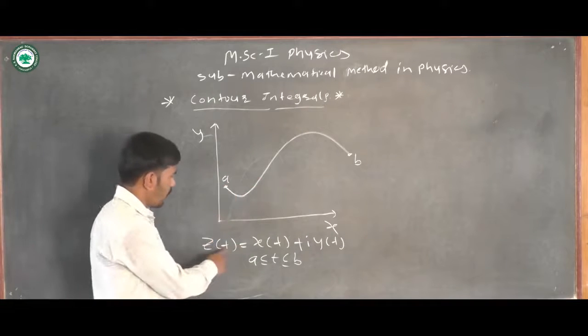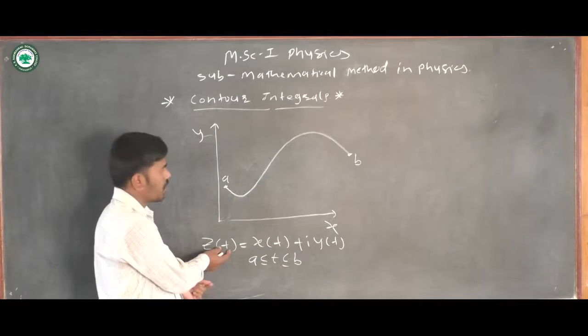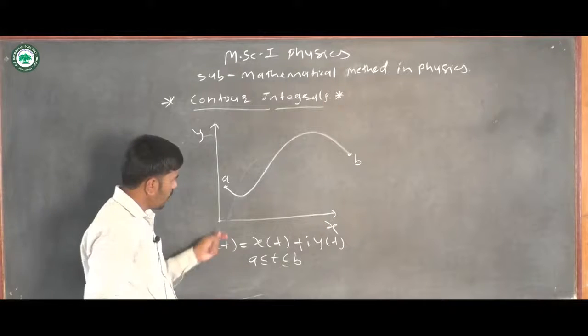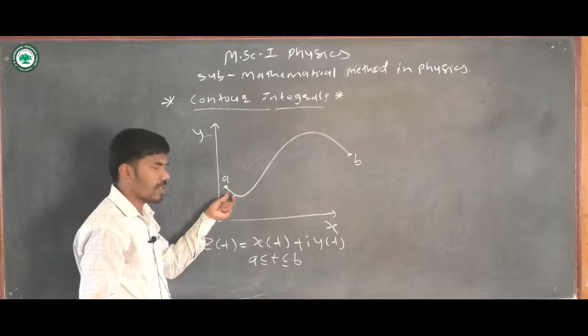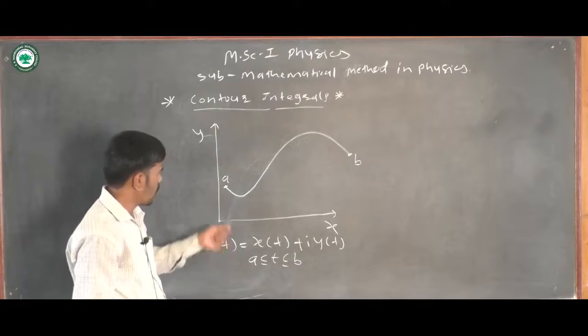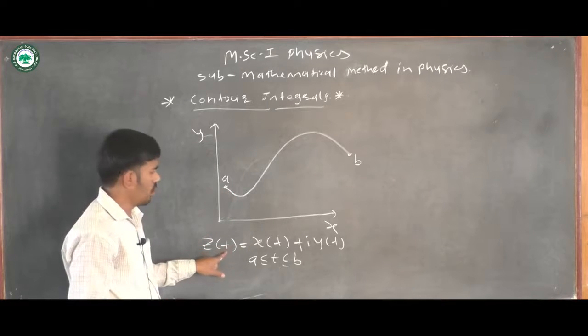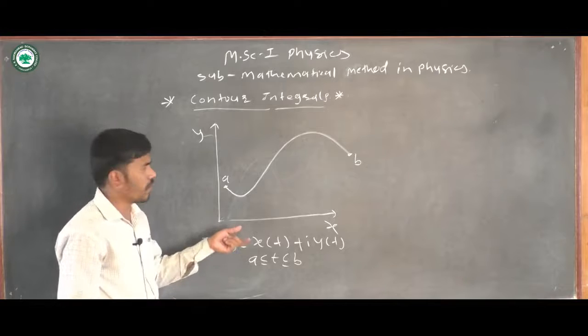But here we are considering t as the variable. So at different values of t, we can write the different points, that is z0, z1, z2, and so on.